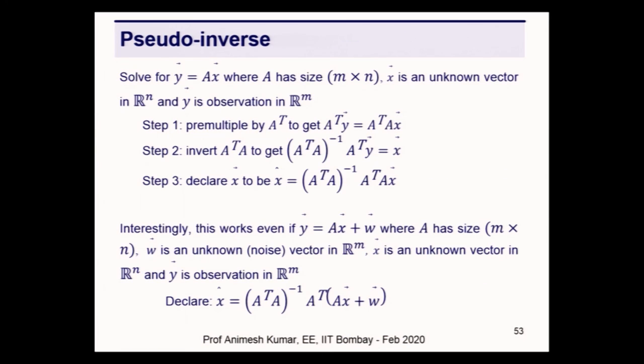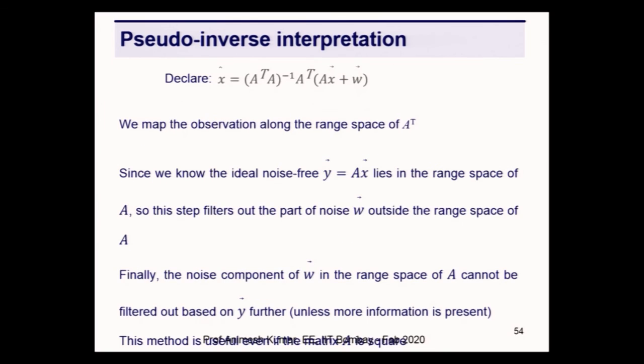So you can interpret this as follows: if I think of the X vector as x1, then x1 is multiplying the entire first row vector of A. Similarly, x2 is multiplying the entire second row vector of A, and so on. So that's what it means by saying this. So we map the observation along the range space of A transpose.